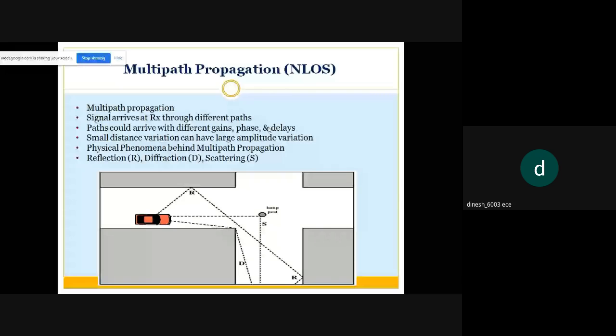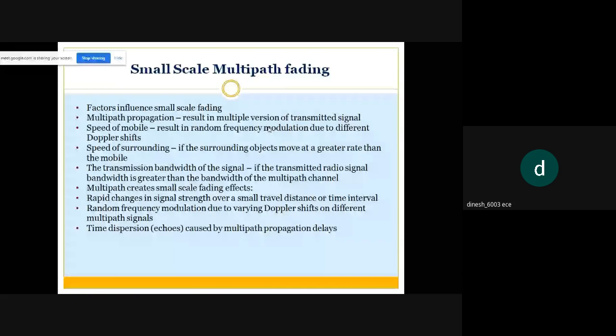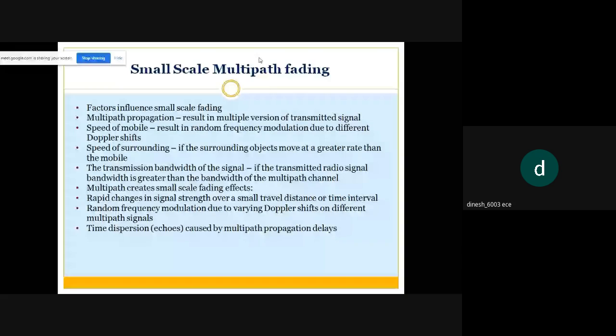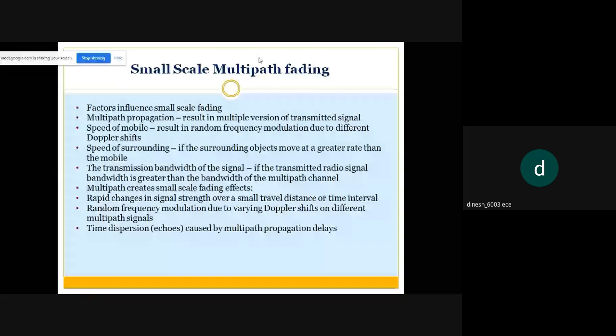Small scale fading. So the factors that influence small scale fading: multipath propagation results in multiple versions of the transmitted signal, multiple paths, multiple versions, multiple phases, multiple delays. Next is speed of the mobile.